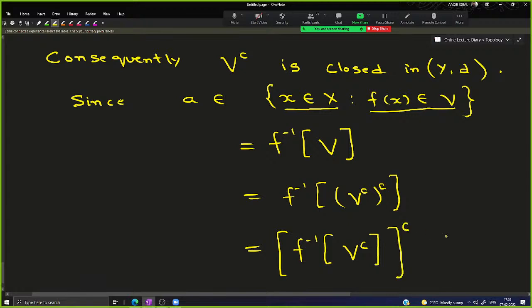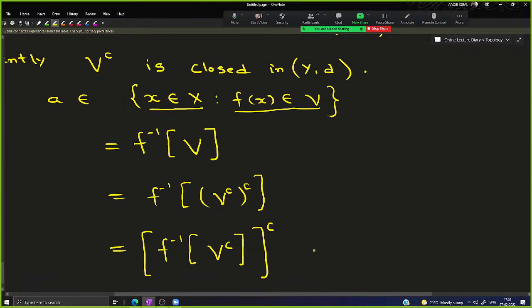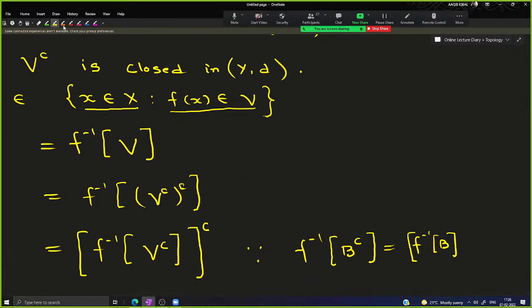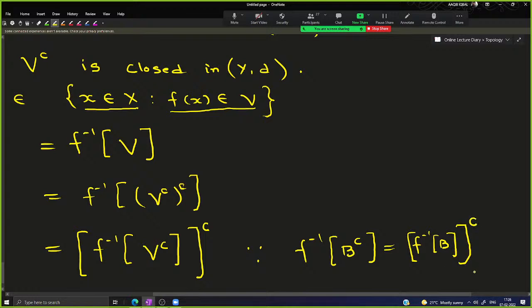Now the reason for this is that f inverse of b complement is equal to f inverse of b whole complement, so one more bracket is needed here, and this is true for all b's in the power set of y.